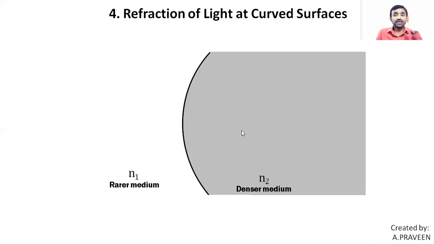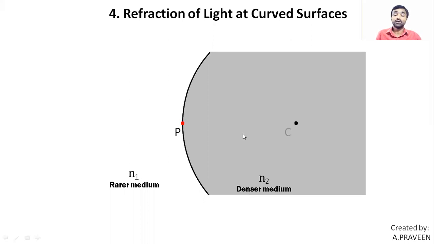Because I am placing the object in the air, then observing its refraction through the curved surface into the denser medium. Then we estimate where its image will be. For that, I require terminology: pole and center of curvature, P and C.